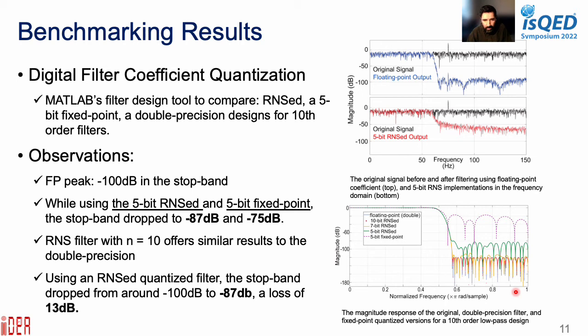It's noteworthy that using fixed point coefficient in the binary domain provides lower precision than a double precision, resulting in worse overall system performance. The RNS filter with n equal 10 offers similar result to the double precision.